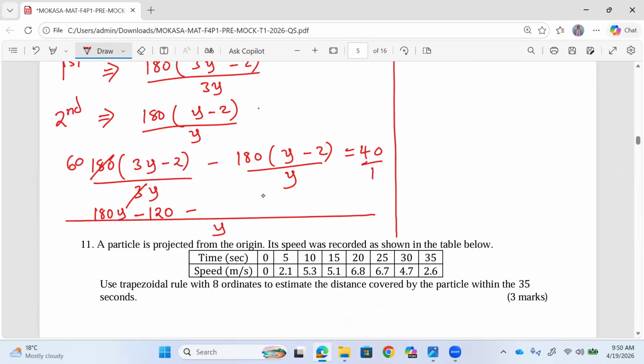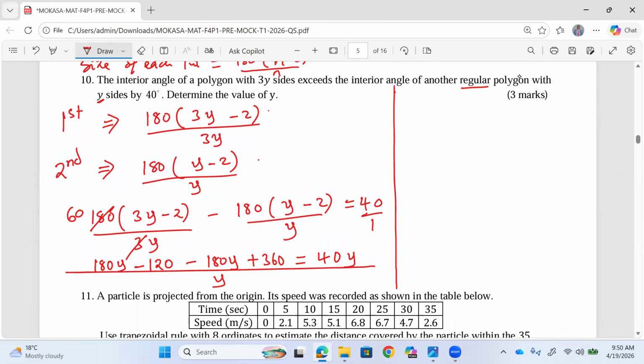Then minus y again divides y, we get 1 times the numerator, 180y. Because of the minus at this point, it will become positive 360 equals y divided by 1, it remains y, so times 40. I hope we are together in that equation.